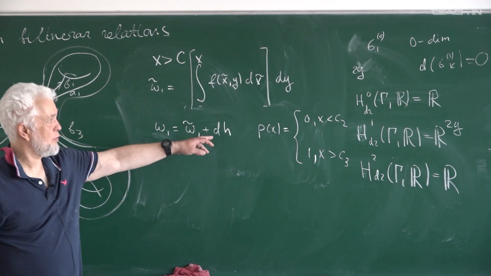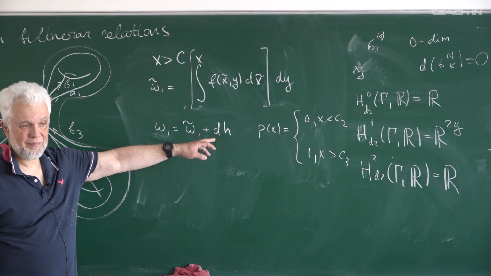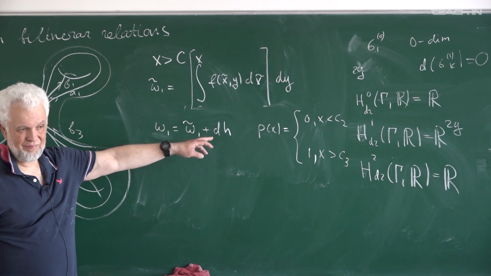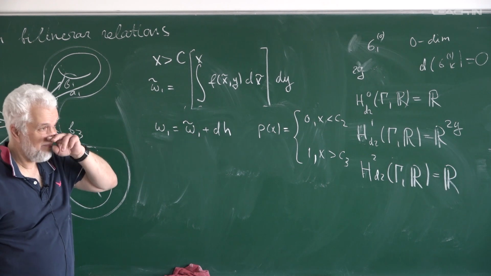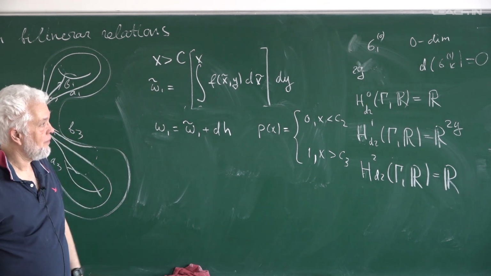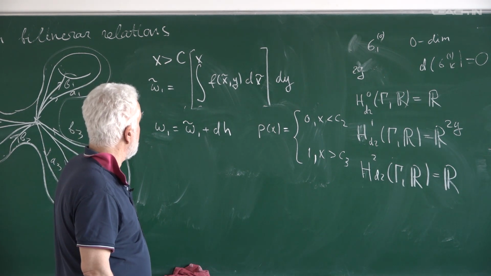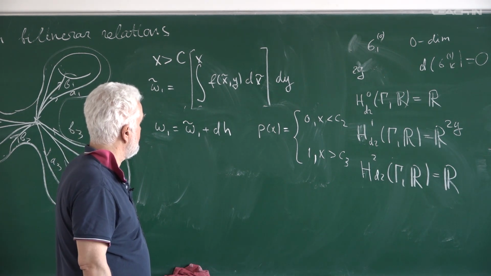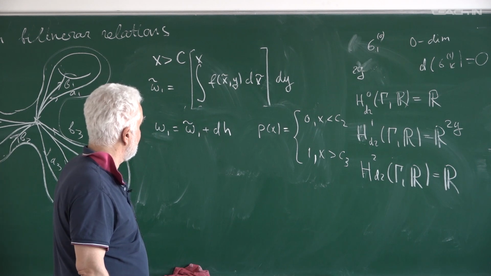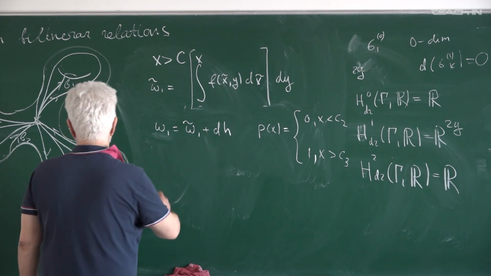Let's define such a smooth function, p of x. And then, of course, let's introduce the following notations.